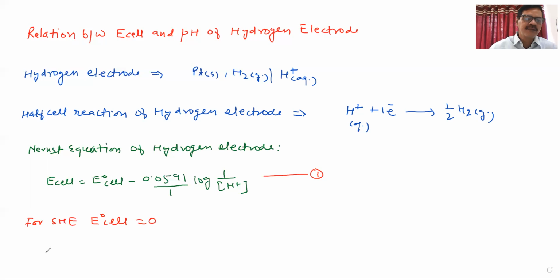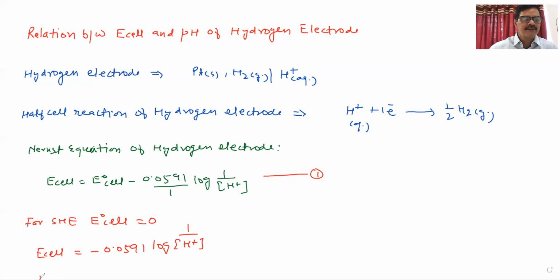Now this equation 1 will become what? That is the E cell will become equals to minus 0.0591 into log 1 by H positive. So this will become equals to what?